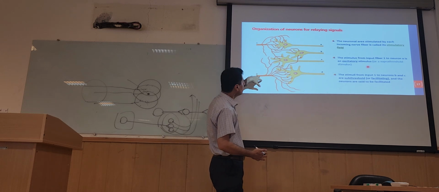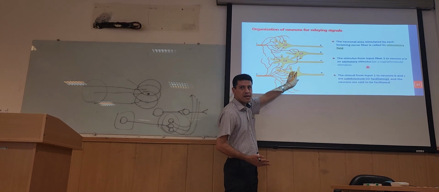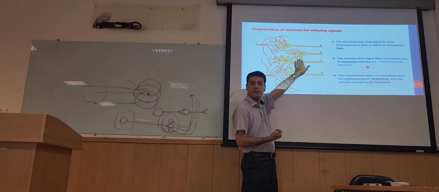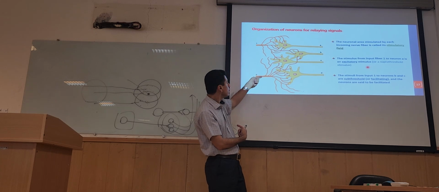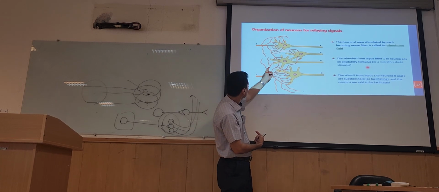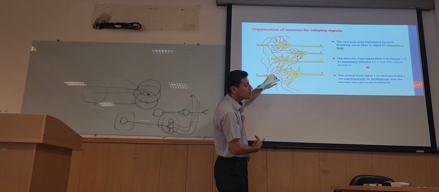In a stimulatory field, some neurons receive a lot of synapses, others receive a few synapses. So imagine that you have one action potential here. This action potential comes here, goes this way and this way, and then this way, this way, this way.